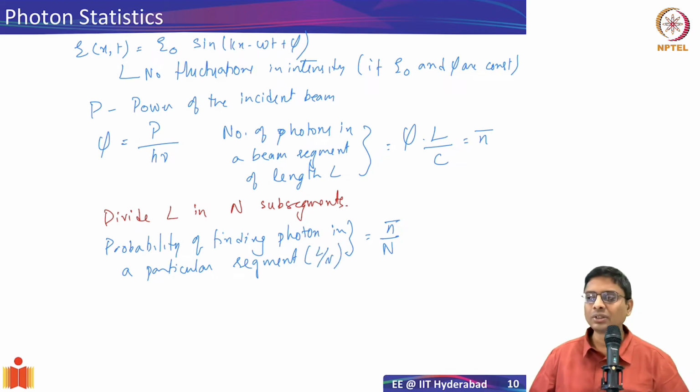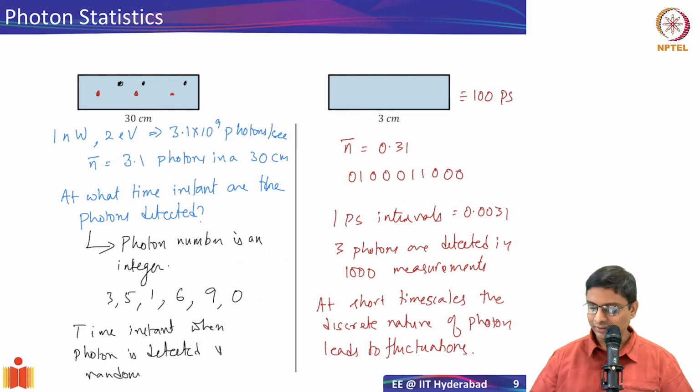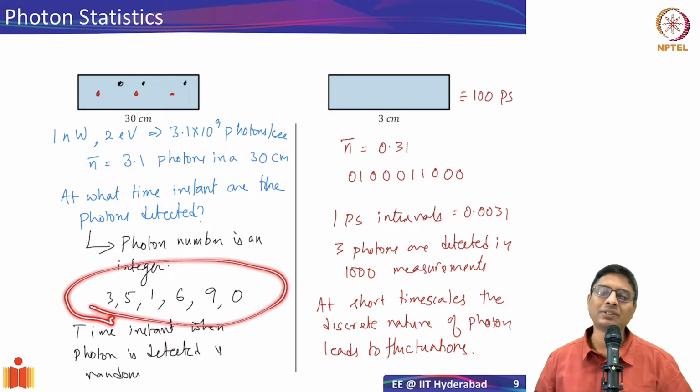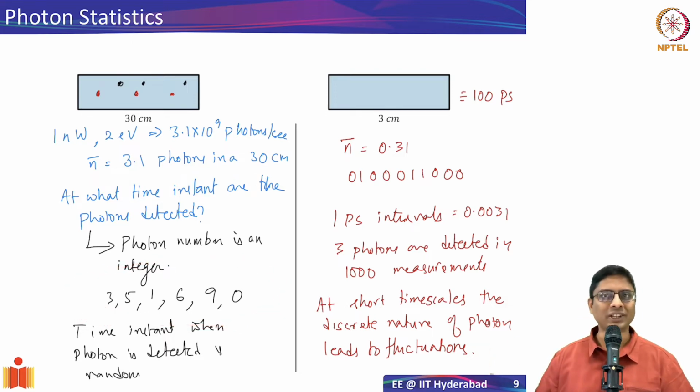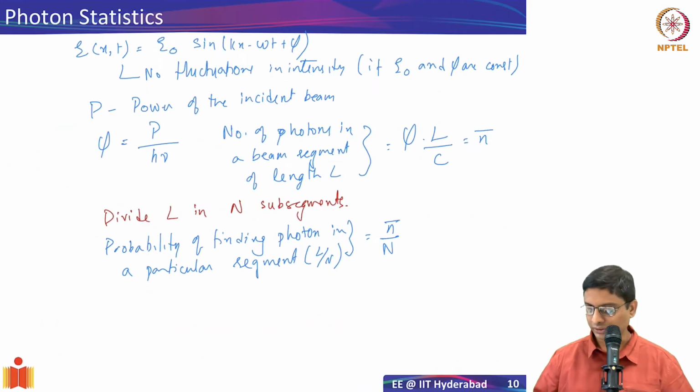So now we can write out the probability of finding n number of photons in a particular line segment. In the previous case, you can have a scenario where a particular segment has 3 or 5 or 1 or 6 photons, various numbers coming in. So what is the probability of finding n photons in a particular segment? That follows the binomial distribution.